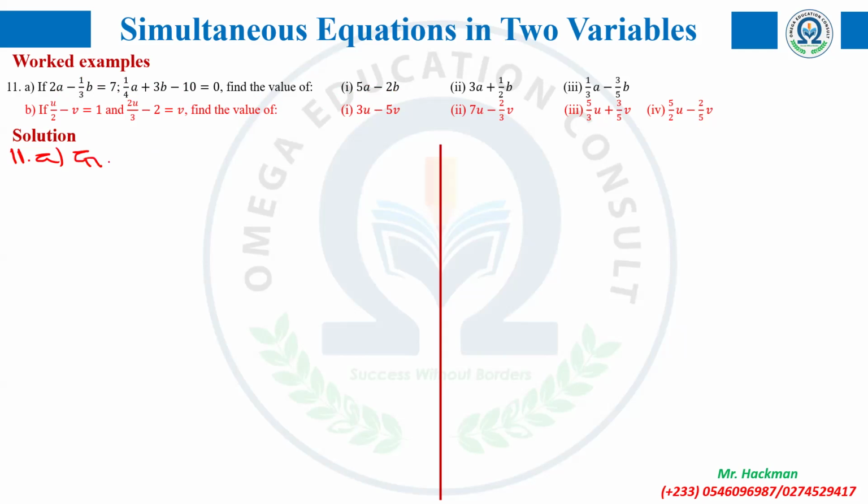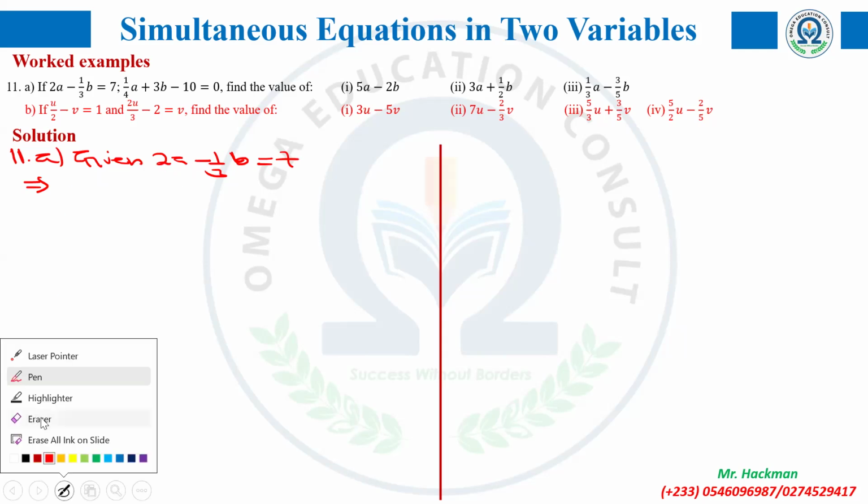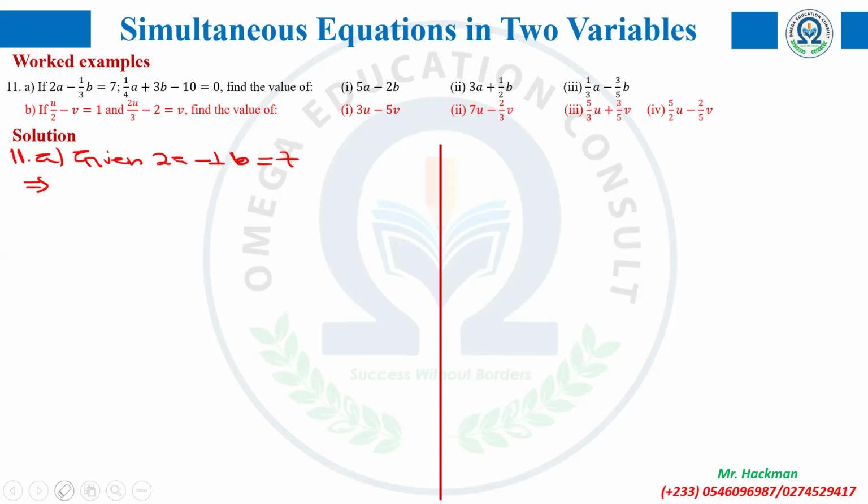So given our first equation, 2a minus 1 on 3b is equal to 7. I won't label it, I will transform it. Remember, it contains a fraction, and in that fraction, your letter is not the denominator, so you can clear. Multiply through by the LCM, which will be 3.